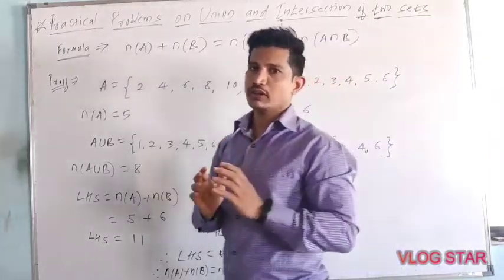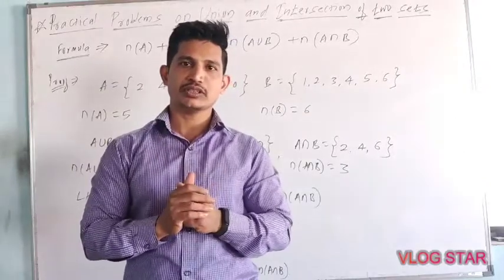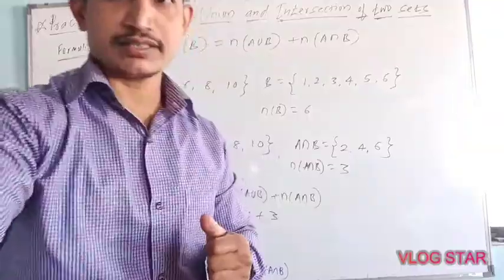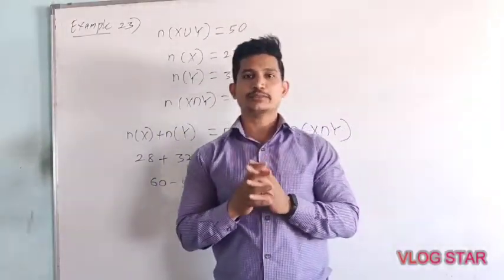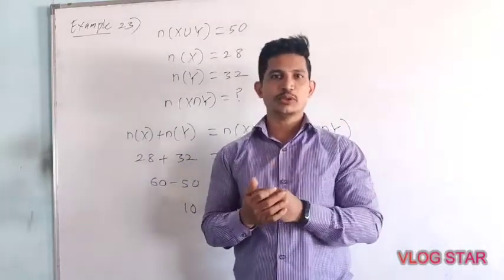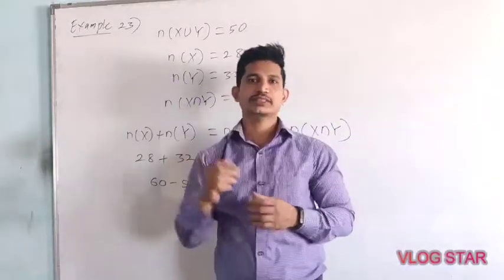So this is the formula we are using to solve the practical problems on A union B and A intersection B, which we will solve now. Okay, students, now we'll see one example from your PUC first year textbook. All of you are having the textbook, no? Then see example number 23 of the first chapter.